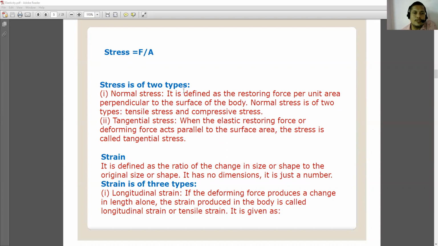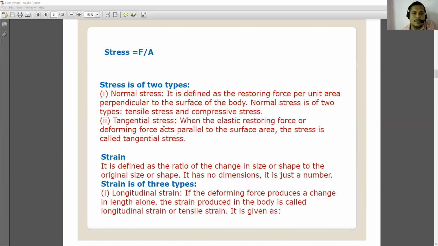Now this stress is of two types, normal stress and tangential stress, where normal stress is defined as the restoring force per unit area perpendicular to the surface of the body. Normal stress is of two types, tensile stress and compressive stress.